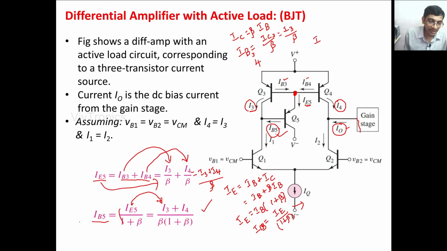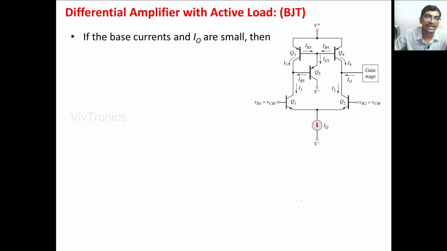Now I am going to represent this IB5 in terms of the known currents. Here the known current is IQ, which is the constant current source current. If the base currents are very small, then we can say I3 plus I4 is equal to IQ. Actually, we have written the emitter currents which are equal to IQ by 2 and IQ by 2.